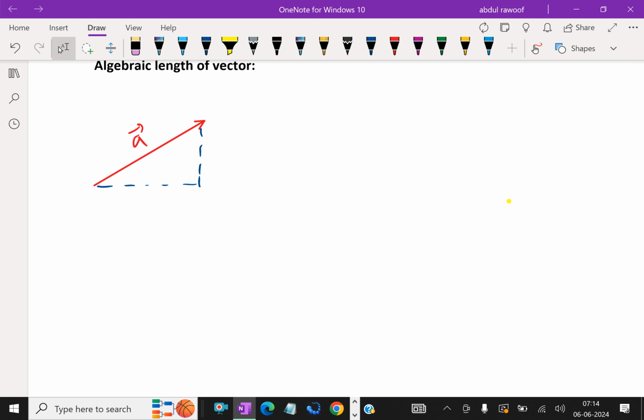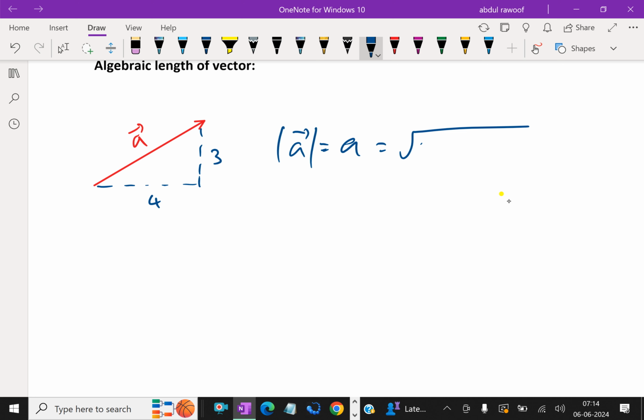Suppose this is length 3 units and this is 4 units. Then the modulus of vector A, the magnitude, equals the square root of 3 squared plus 4 squared, which is the square root of 9 plus 16, the square root of 25, which is 5.